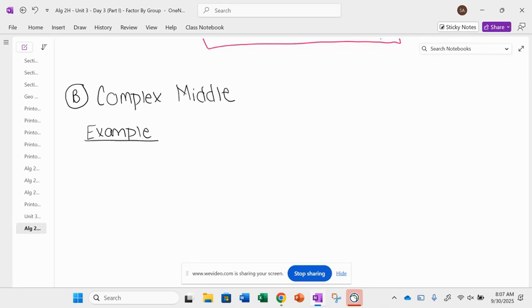All right, so an example of a complex middle. So I have 6 terms.